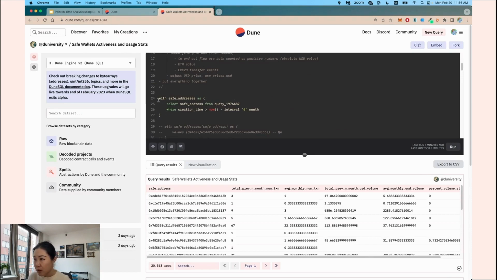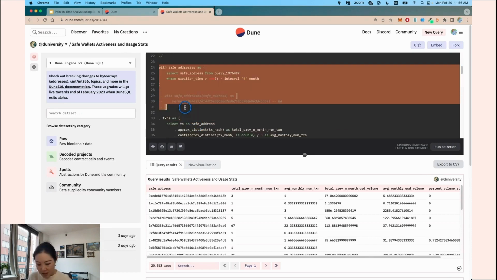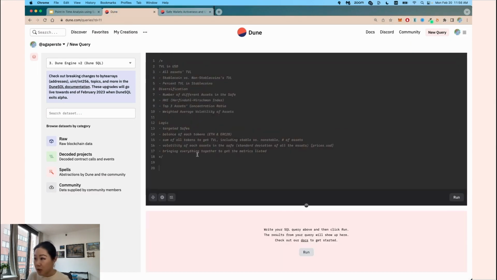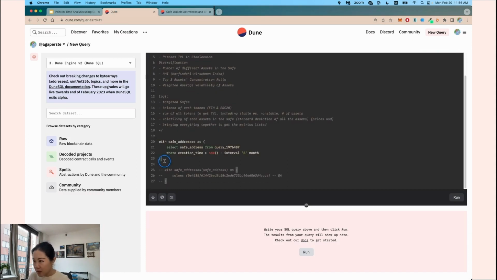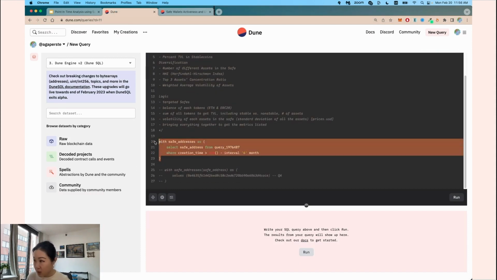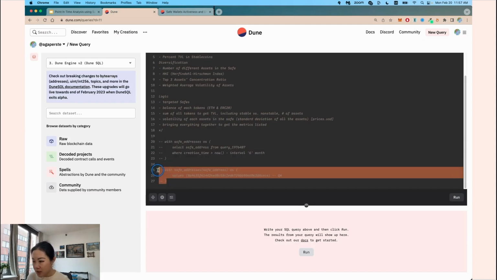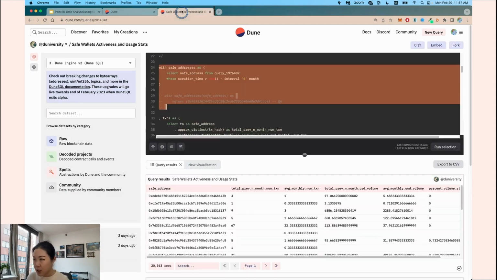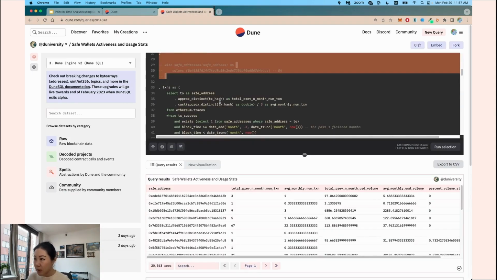First off, we can already grab the safe address block that we've written. This block gets us all the safes that were created in the past 6 months. Going to comment that out and going to take the same approach: I use one safe as a QA checkpoint, and then later on take all the safes that we care about.